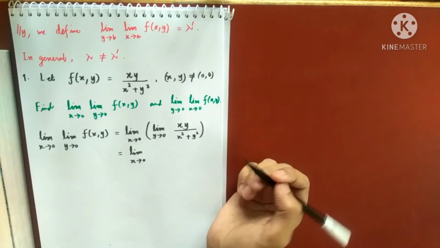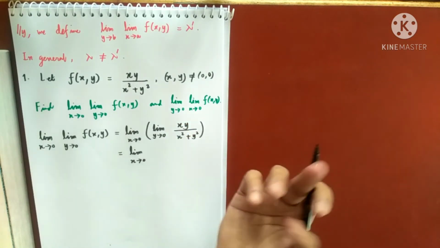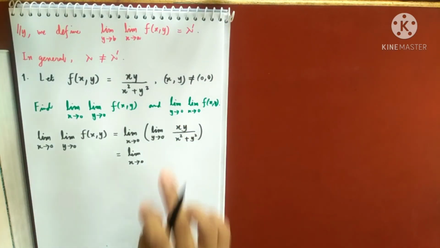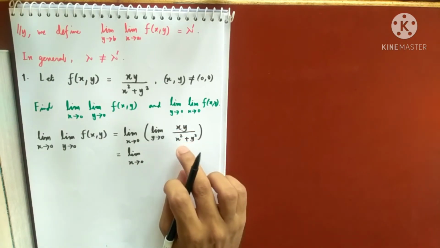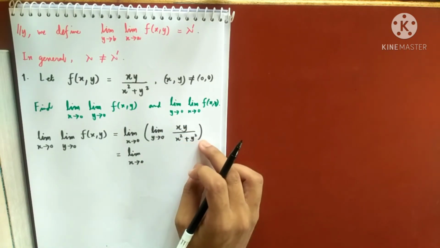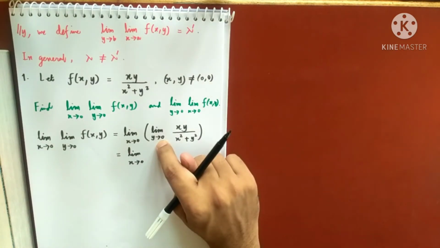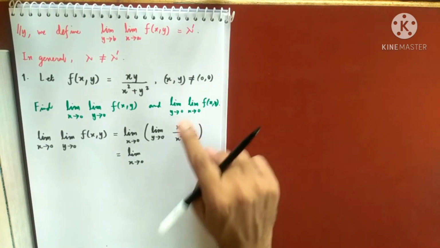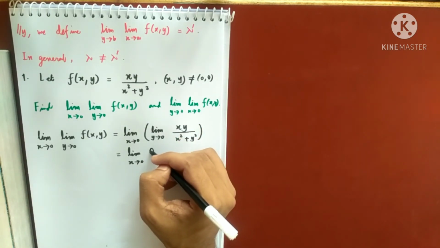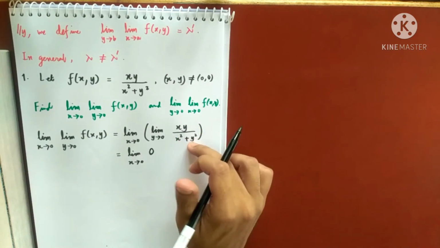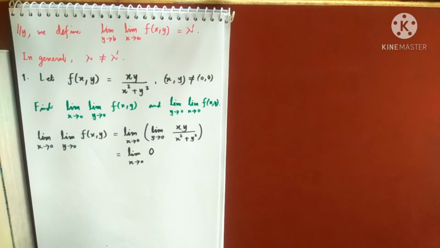So this limit is clearly defined. If I put y equal to 0, everything becomes 0. Understood why? Just think of this as a function of a single variable.